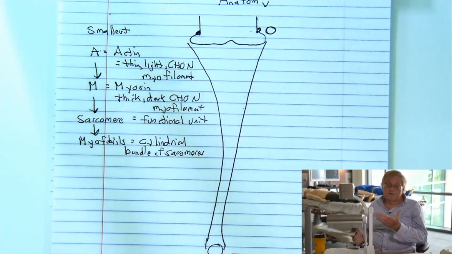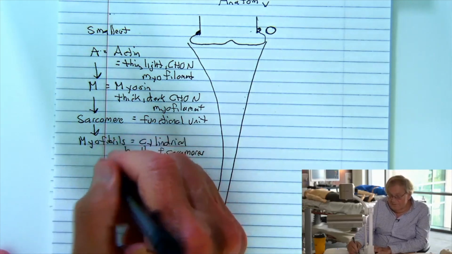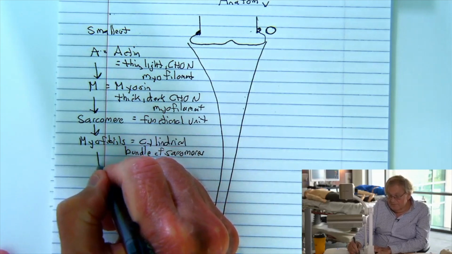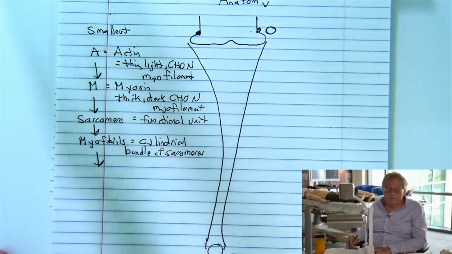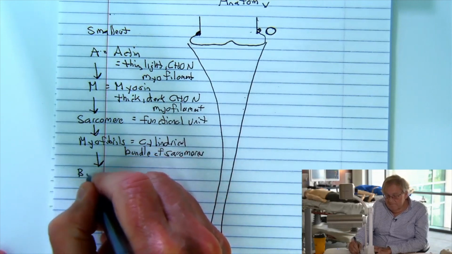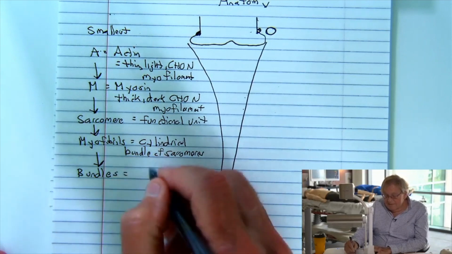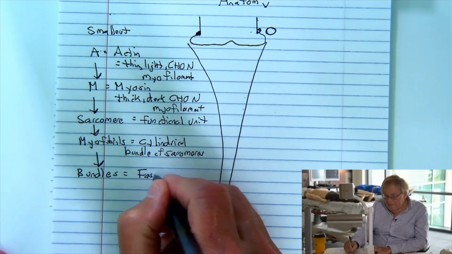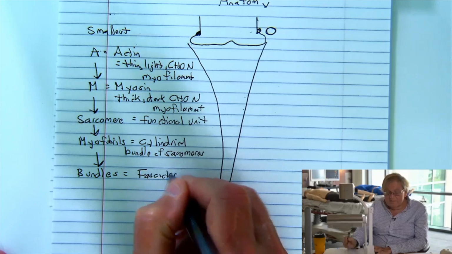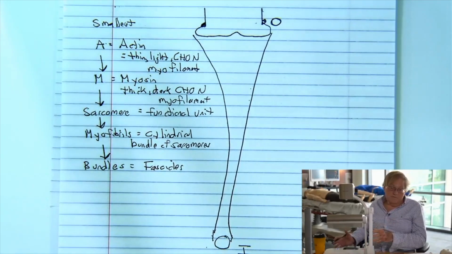Still can't see those without the aid of a microscope. Then I'm going to group these myofibrils together and turn those into bundles. Bundles are also called fascicles. That's going to be groups of myofibrils, making muscle bundles or muscle fascicles.